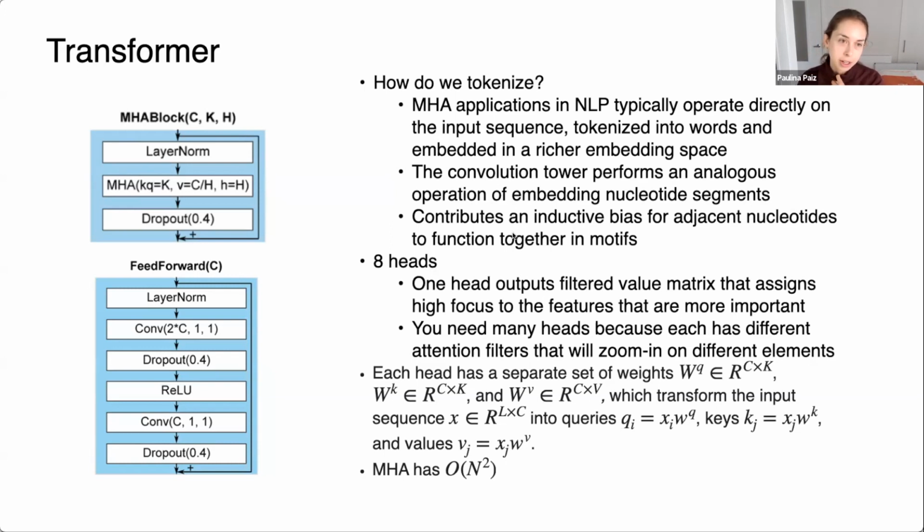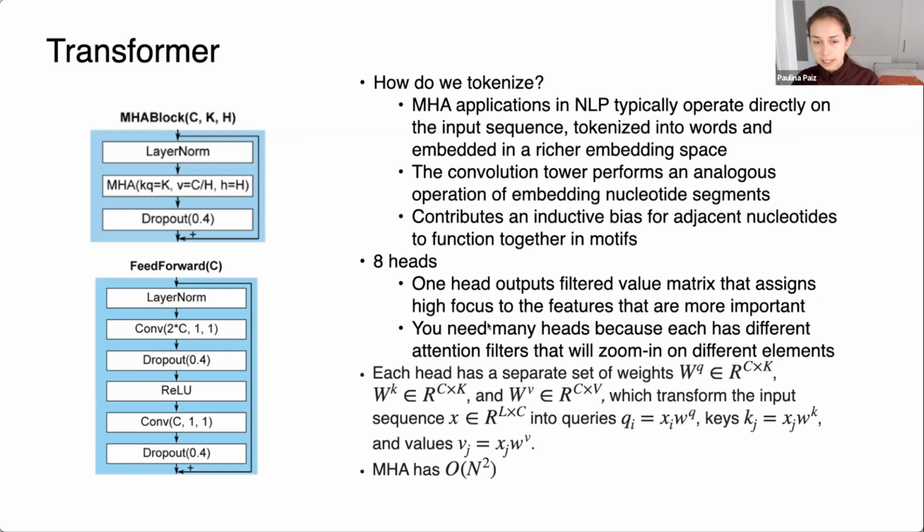And one important thing about the MHA block is that they use 8 heads. One head outputs filtered value matrix that assigns high focus to the features that are more important. This obviously contributes to the attention side of things. And you need many heads because each has different attention filters that will zoom in on different elements.